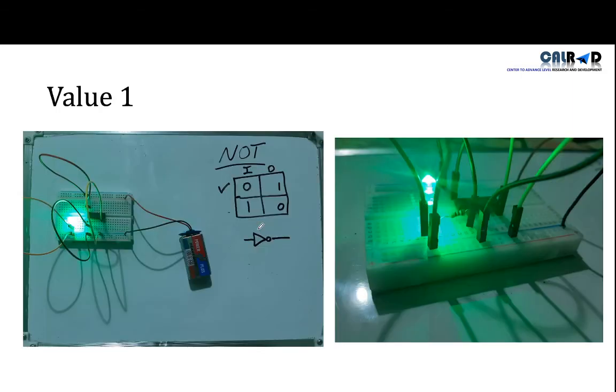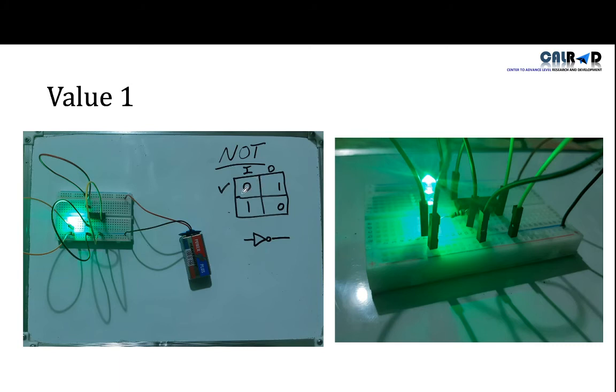Now we will draw the truth table. So this is the truth table for the NOT gate. Now we connect our battery and we will check if we give 0 input, whether the output will be 1 or not. 0 input means negative current and 1 means positive current.